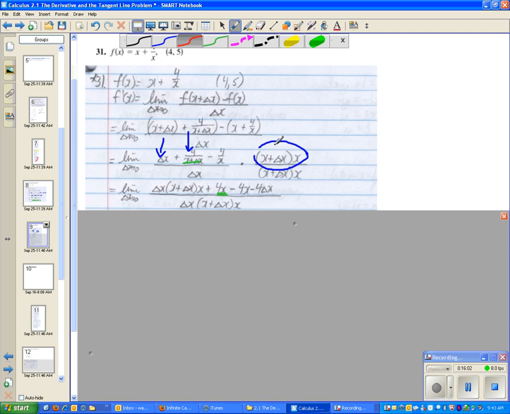So now I've got to multiply what's circled times negative 4 over x. Well, that x divides out with that x. So I get negative 4 times x plus delta x. So negative 4x minus 4 delta x.